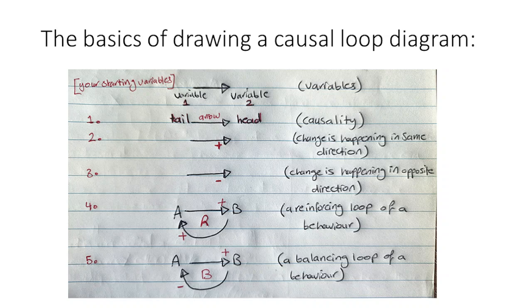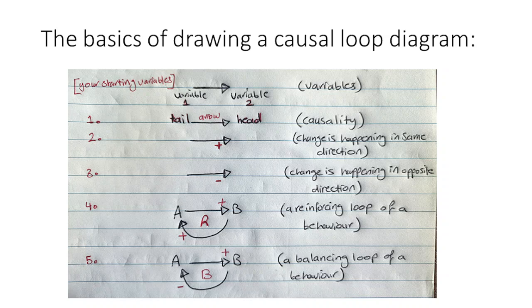So you can include a plus sign when the causality is moving in the same direction, whereas you can include a minus sign when causality is moving in the opposite direction. So this is your third important thing that you need to keep in mind when it comes to causal loop diagrams. Now, let me explain the last two, number 4 and 5, important things that you also need to keep in mind when you start drawing these causal loop diagrams.